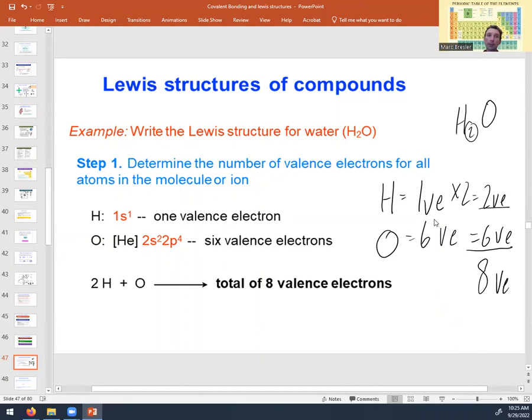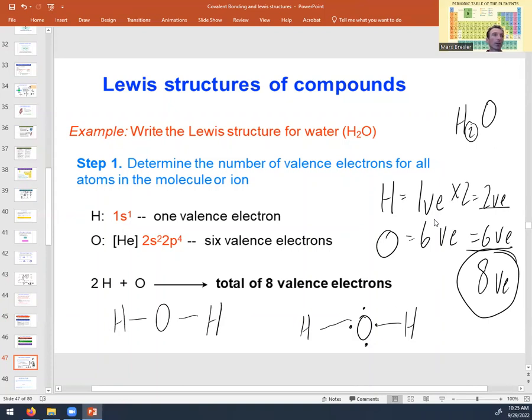That's 8 valence electrons. Now oxygen's in the middle with 2 hydrogens. The way to do this is to draw the skeleton arrangement first. So we have 4 electrons used up, and then you subtract those 4 valence electrons.